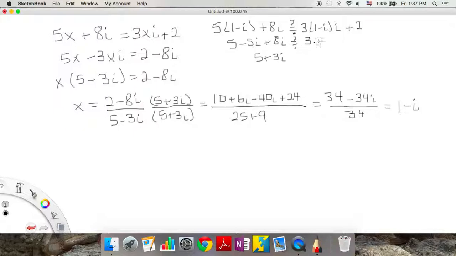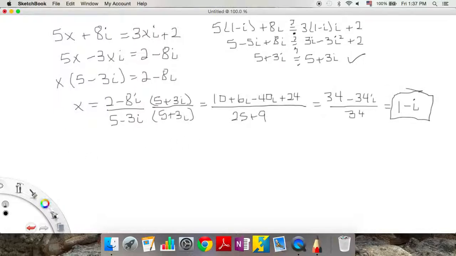Well, we've got 3 minus 3i squared plus 2, hmm, 3i squared is changing the sign there, so we'll have positive 3. So that gives us 5 plus 3i, and it checks out perfectly. So x is 1 minus i.